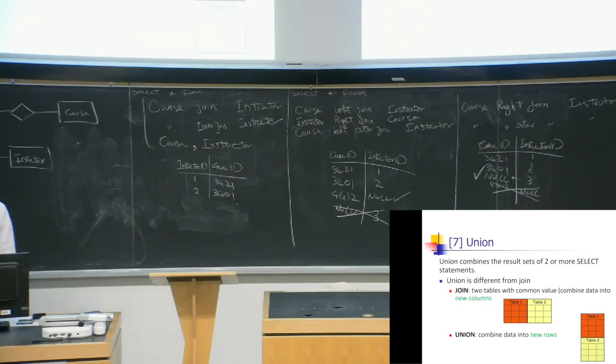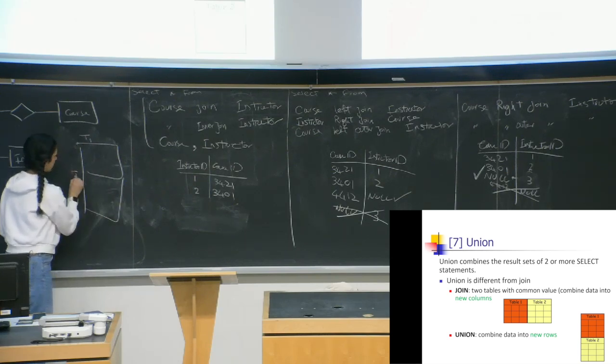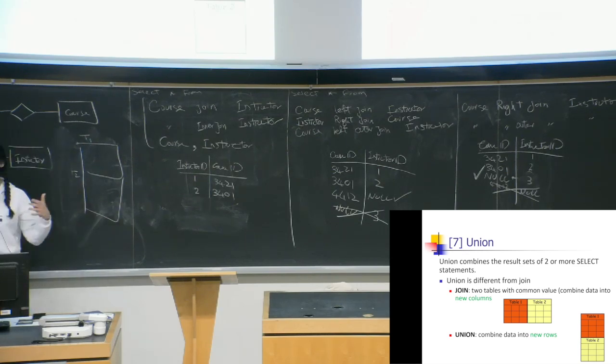Now, the difference with union is that union is combining data into new rows. That is, you have your table 1 here, and then table 2 comes after this. So you don't have more number of columns, but more number of rows. Now, based on this, can you tell me what should be the condition to be able to use union between these two tables?